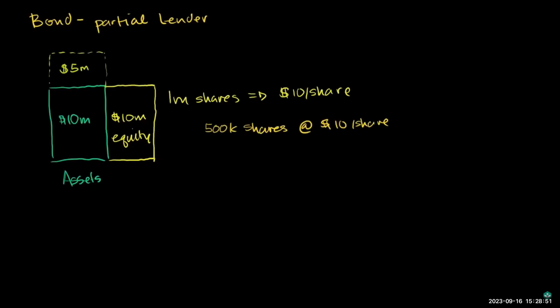So this is scenario one. They issue 500,000 shares at $10 a share. They now have 1.5 million shares, not 1 million. But these new owners gave them collectively $5 million, so the equity would grow by $5 million.